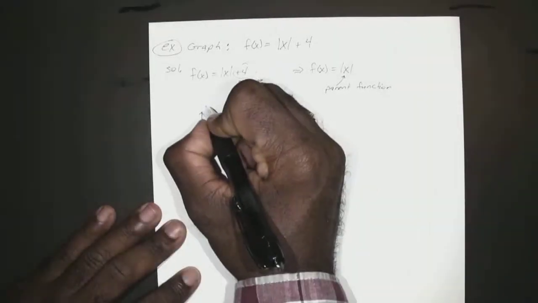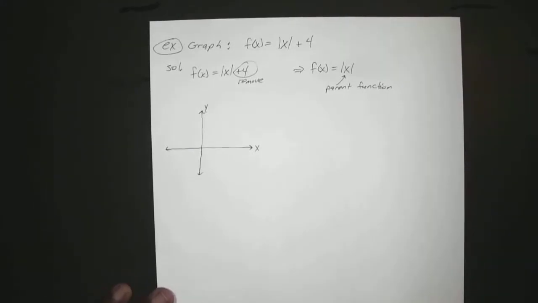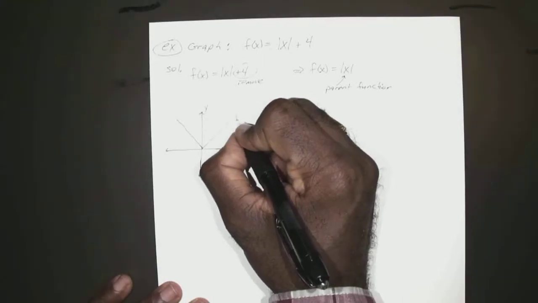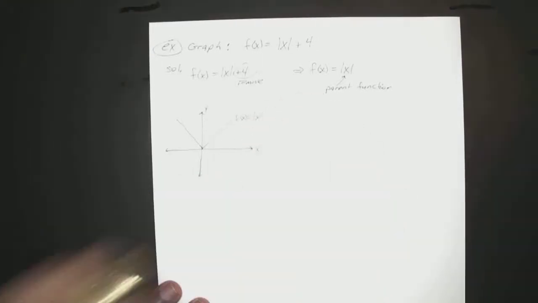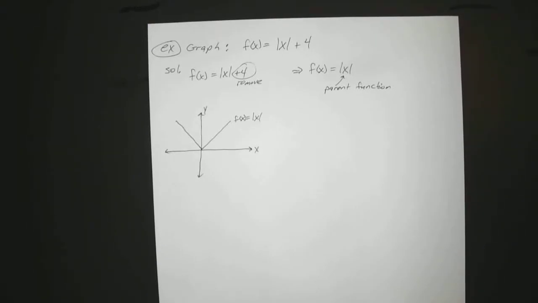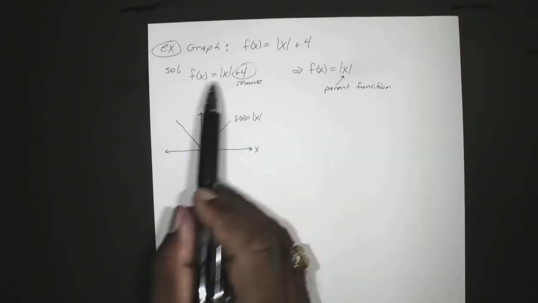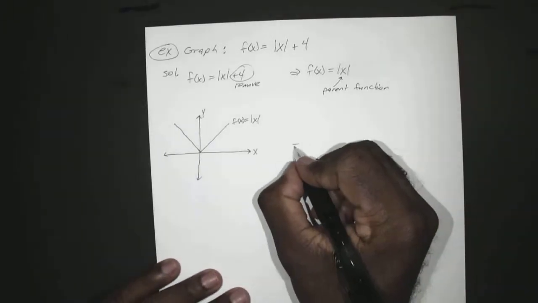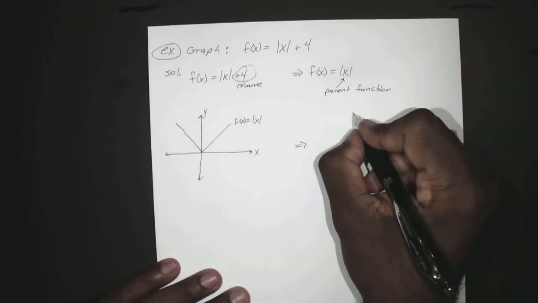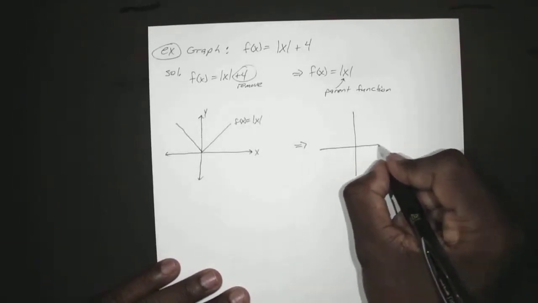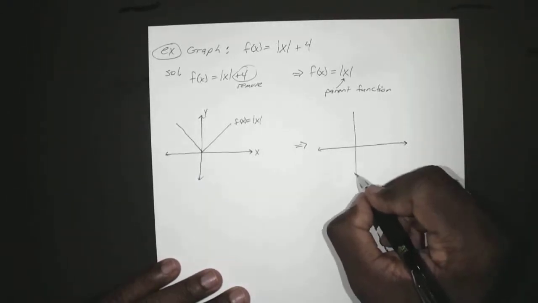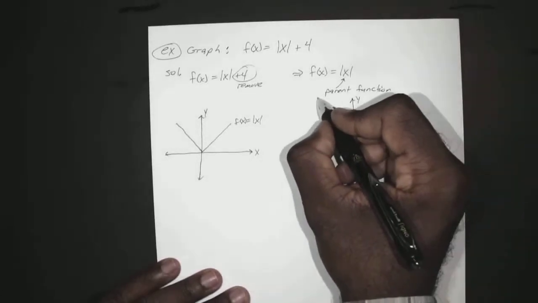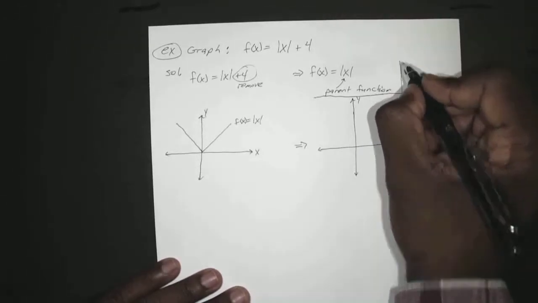Okay, so you have your x, you have your y. Remember, absolute value of x just kind of looks like a v. So we know because of that plus 4, we're going to shift it 4 units up. So if you have your x and we have our y, we separate that a little bit, made it a little too close.